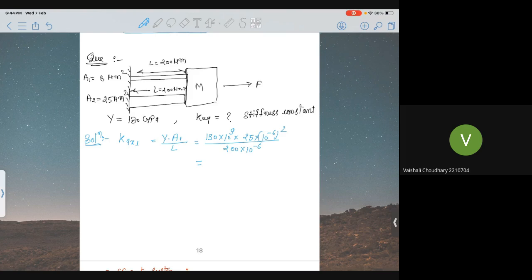Yes, you'll get a spring constant of 16250 Newton per meter.